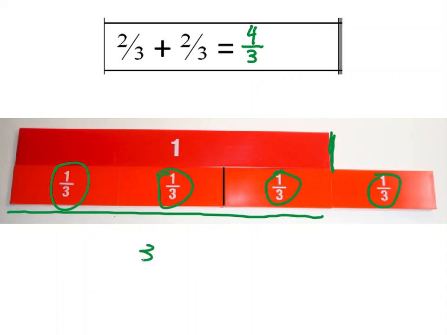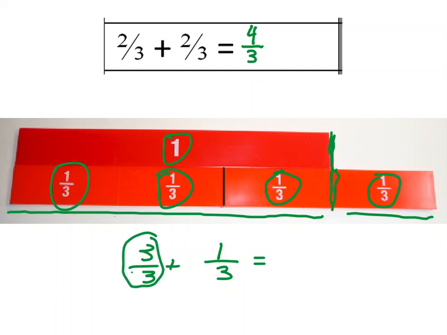There's 3/3, plus 1 more third right there. And remember that I told you that this was 1, and we can see it right there, 3/3 equals 1. So that's 1 and 1/3, okay, because it goes over the end, doesn't it? So that equals the same thing as 1 and 1/3.